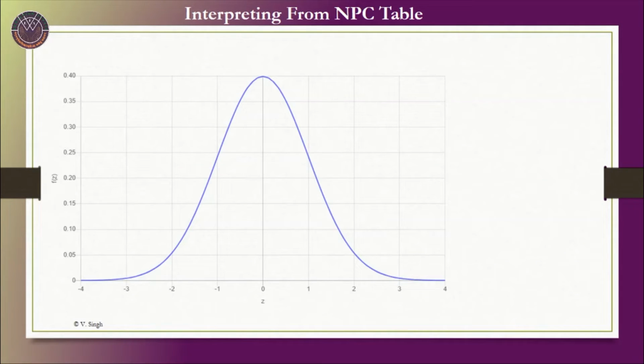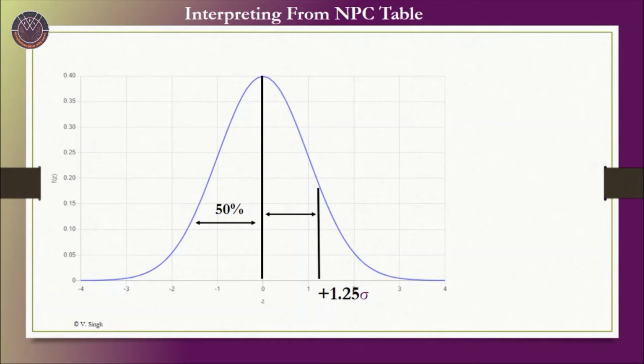As we can see in the NPC table, 50% of the cases will lie in the left hand side of the graph, and as our reference point in our problem is plus 1.25 sigma, when we see from the table of area, we see that 39.44% cases fall in between mean and plus 1.25 sigma. So we need to find out number of cases above this point or in this particular shaded region.